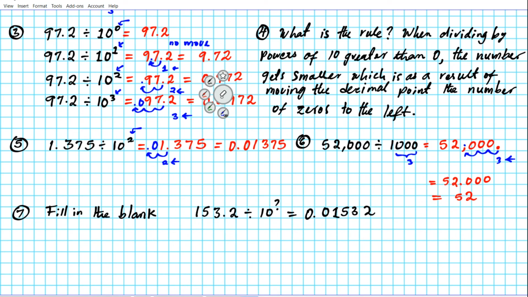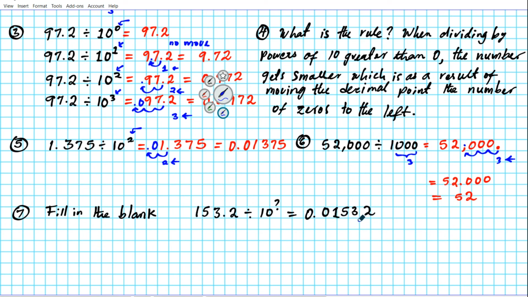So originally, if you look at our dividend, the decimal point was after 3. So this was the original spot right here. Bam. And then in the quotient it was after 0, right? It was 2 places to the left of 1. So how many moves will move it from after 3 to 2 places ahead of 1? Let's count.